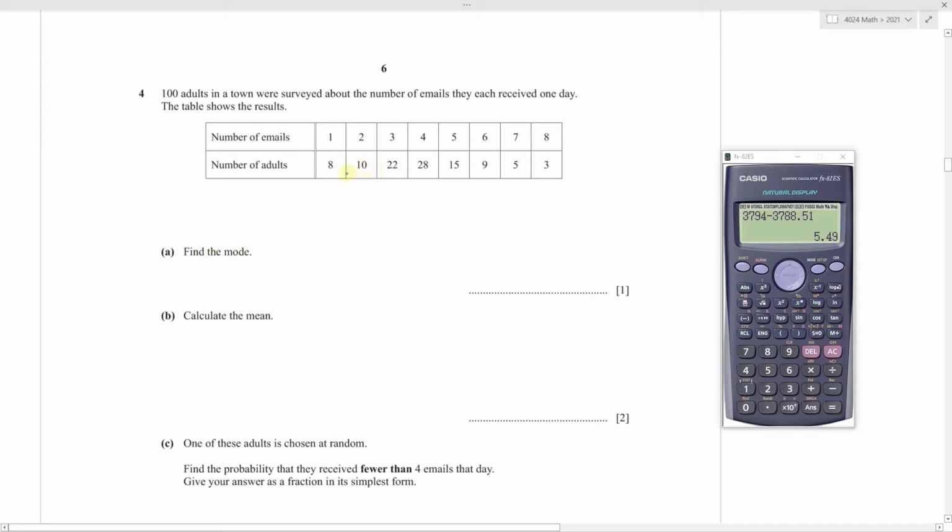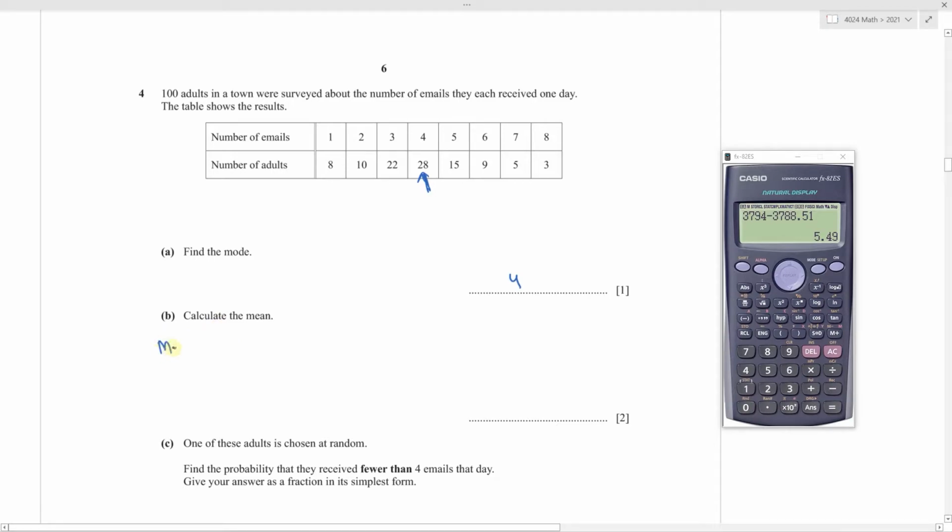Find the mode. So your mode will be the value with the highest frequency. So 28 is the highest frequency because 28 adults, and then the number of emails they received was 4. So your value of mode is 4.